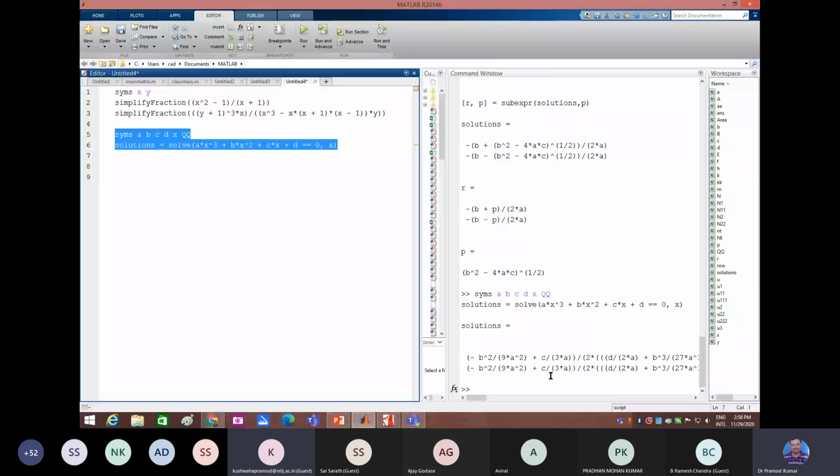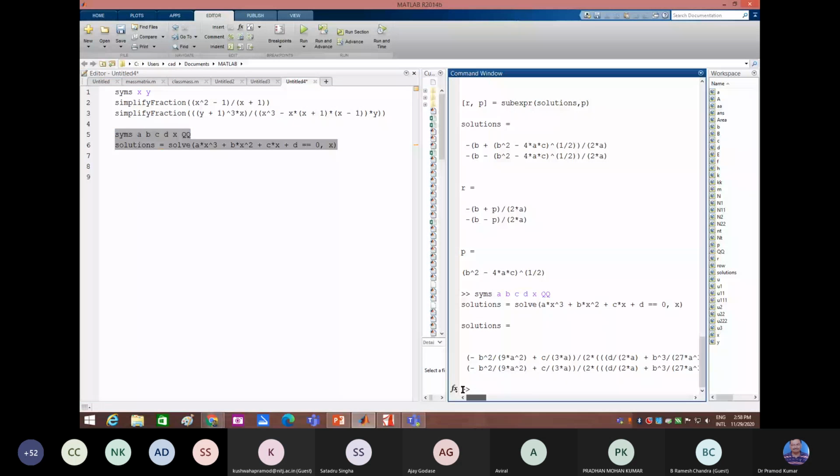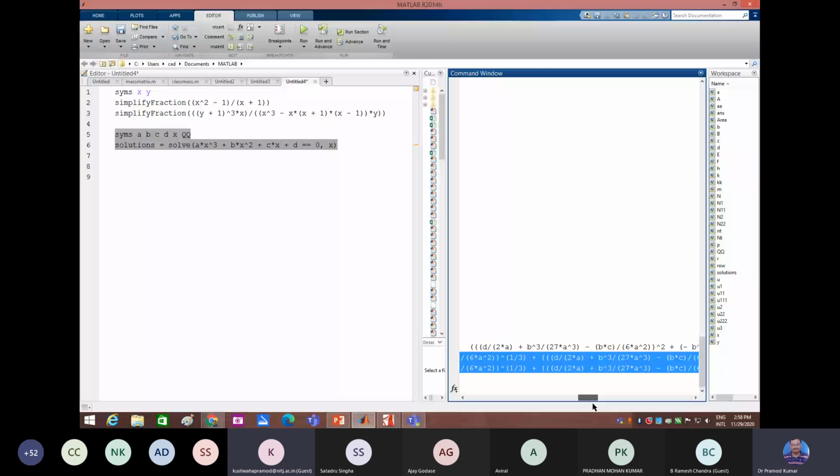We will find the expression here on the screen. This output solution is this. It is a very big solution, because it is a cubic equation, and a cubic equation means three solutions will be there.